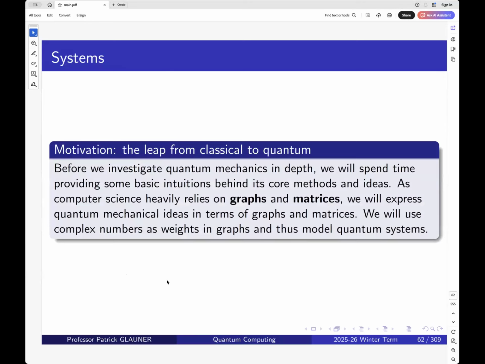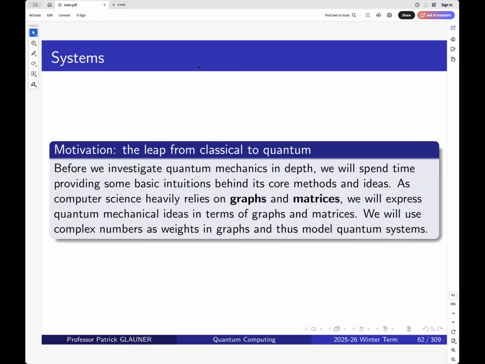If you look into literature on quantum computing, you will see that a lot of it is written for physicists. Most of you don't have a big background in physics. I'm a computer scientist as well, not a physicist, so a lot of the literature will be a bit difficult for us to study.